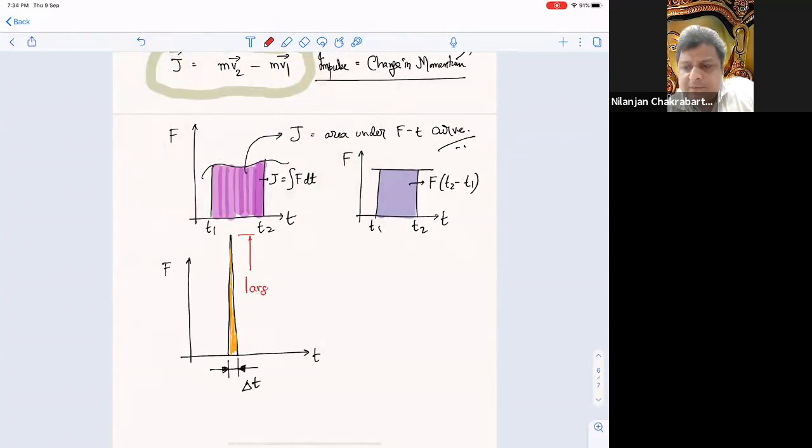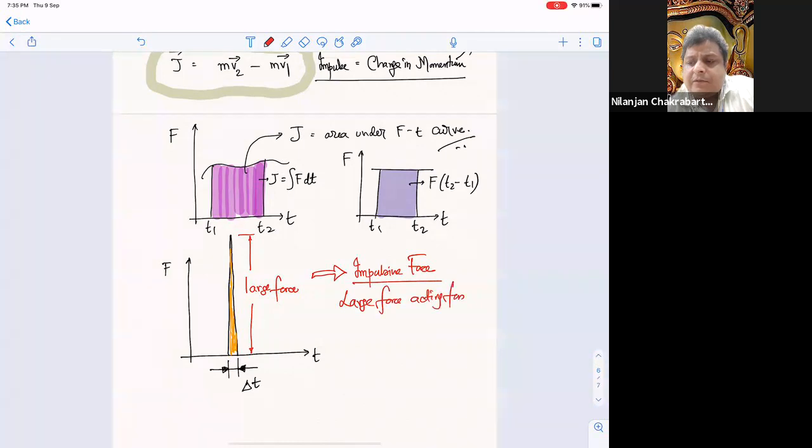This is a case of an impulsive force. Impulsive force means a large force acting for a very small time, but it has got a good enough area. The area is no less.